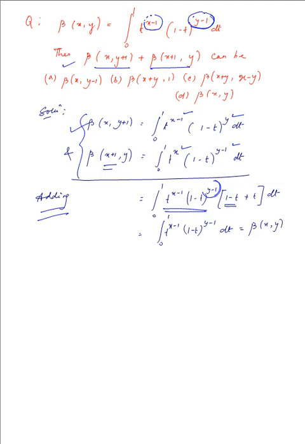And in the second case, as you take t to the power x minus 1 as the common term, only a single t remains. Now 1 minus t plus t is obviously equal to 1. So all that you're left with is this, and this is nothing but the beta function that we have defined over here right at the top. So the answer will be option D.